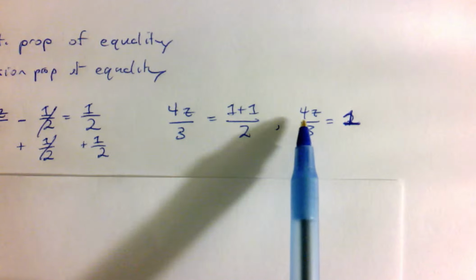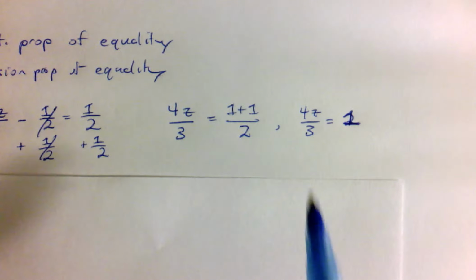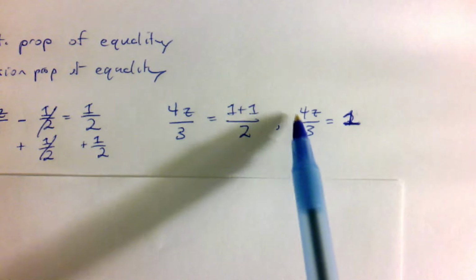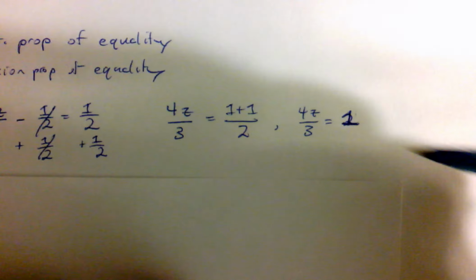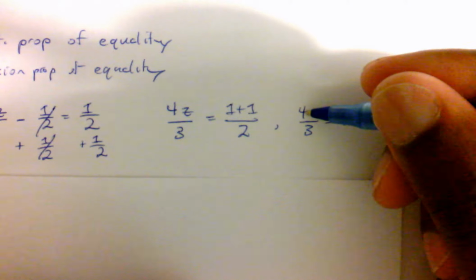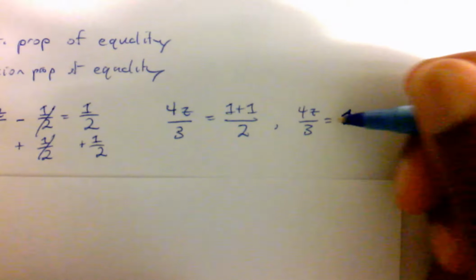Now I have 4 times z divided by 3. So if I use my first problem as a reference, I know that I can multiply this side by 3 and divide by 4, and I will get my answer. Also, notice that the multiplicative inverse of 4 thirds is 3 fourths.